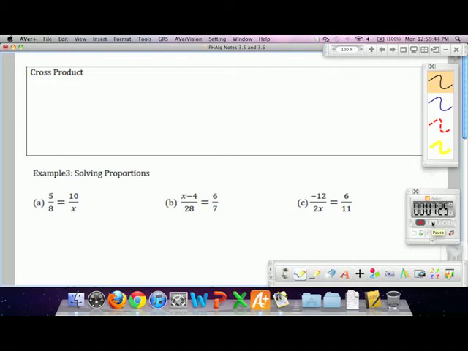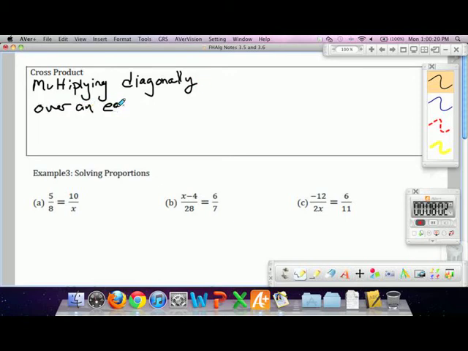A cross product is just multiplying diagonally over an equal sign to create a new equation from a proportion.